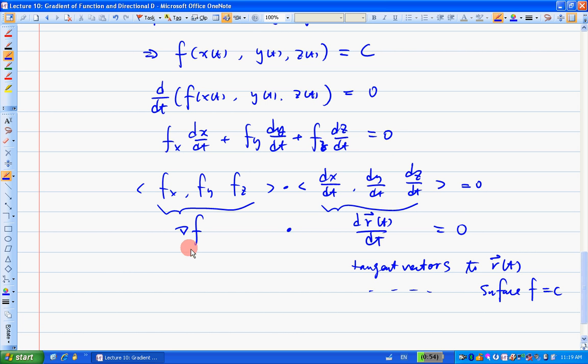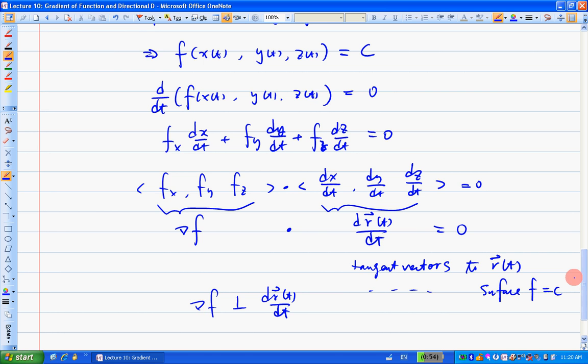Now, when you have a dot product equal to 0, geometrically that means what? The two vectors are perpendicular. So del F is perpendicular to any tangent vector at the point P naught to the surface. Does that make sense? So if this vector is perpendicular to any vector at P naught on that surface, that means this vector is perpendicular to the surface.